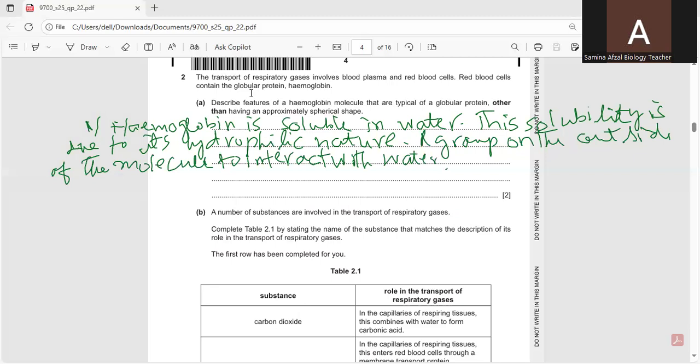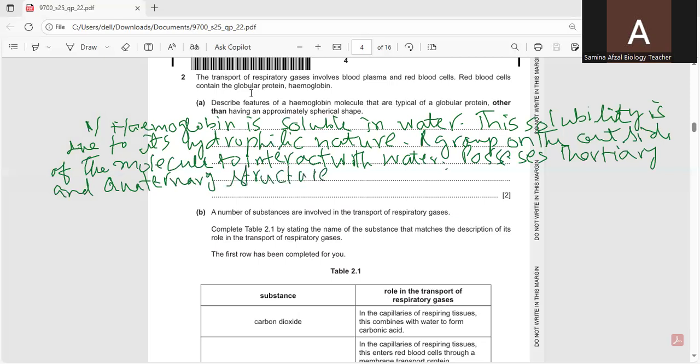Secondly, it possesses tertiary and quaternary structure. You know that hemoglobin has four polypeptide chains, two alpha and two beta chains. So the quaternary structure possesses the four polypeptide chains which have a heme group inside.